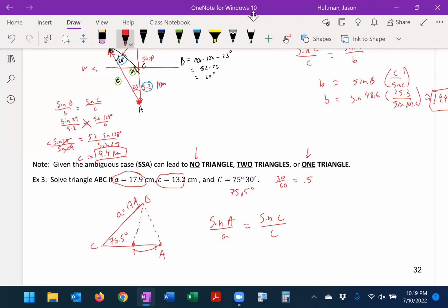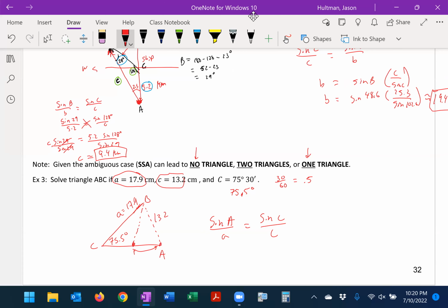Depending upon whether the angle A is obtuse or acute, that could create two different triangles, given the limited information that I only have two sides. If this is 13.2, and the other side is 17.9, I don't really know what that third side looks like.